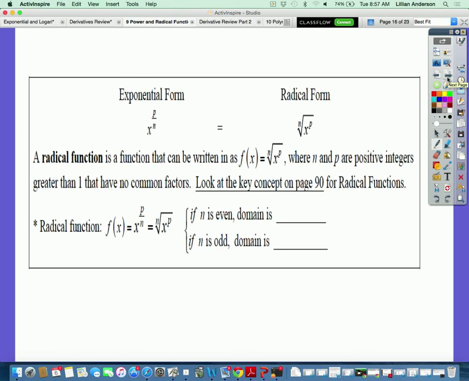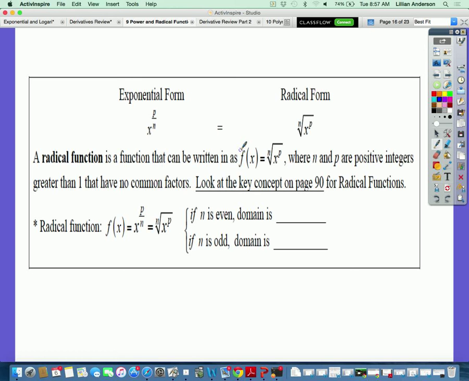To go along with that, with your more specific radical equations, okay? Remember that exponential form, p over n, can be written in radical form, where your denominator is the root, and your numerator goes underneath the root, okay? And a radical function is a function that can be written in that form, where n and p are positive numbers greater than 1, and have no common factors.